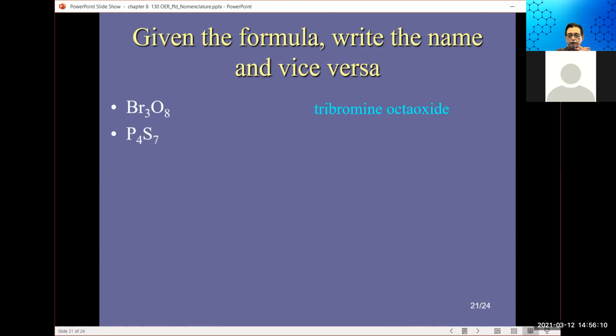All right, how about this one? Who wants this one? Phosphorus here. The base name is phosphorus and sulfide. Okay, phosphorus and sulfide. So what would you do to finish it up?